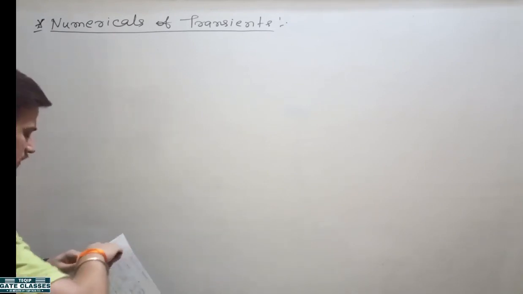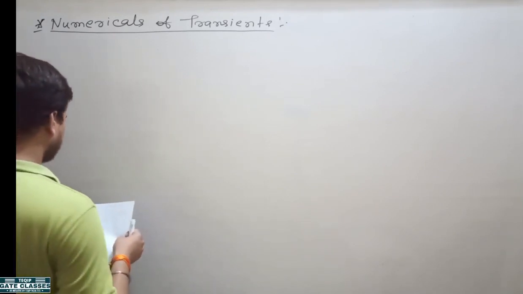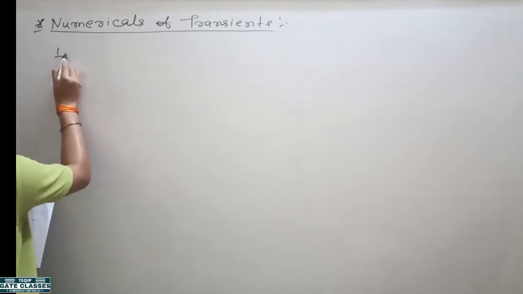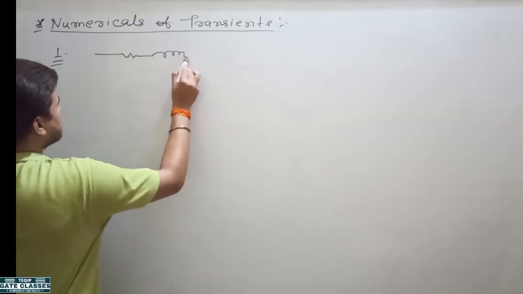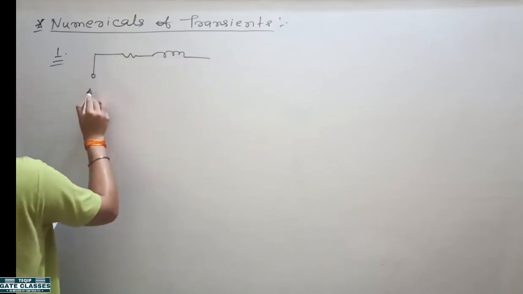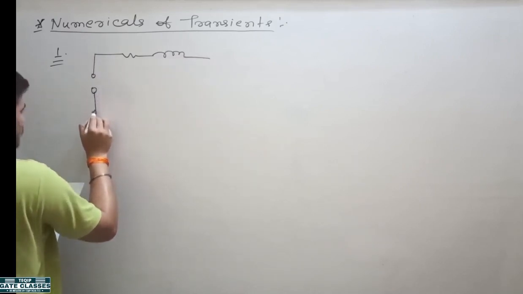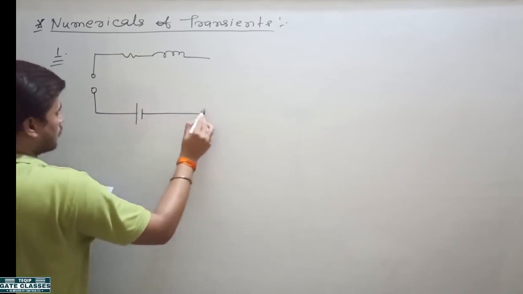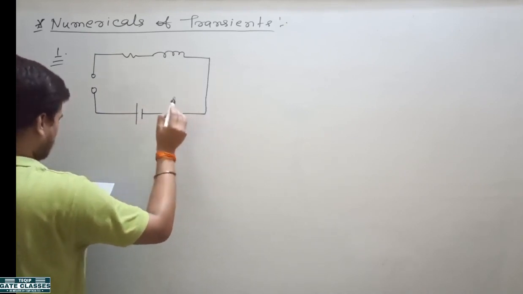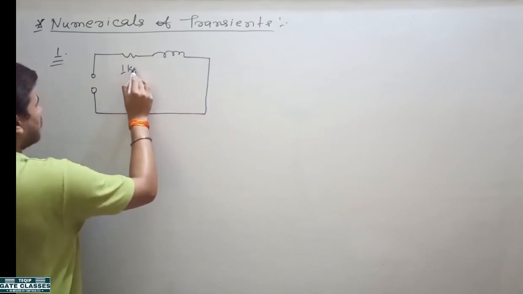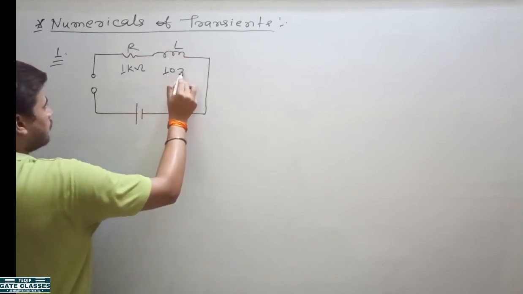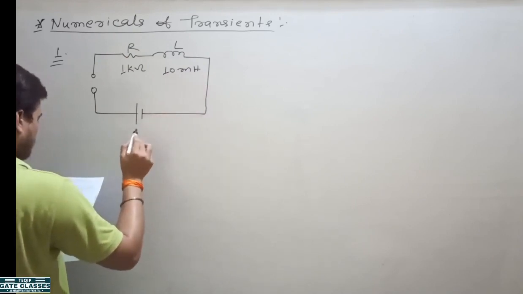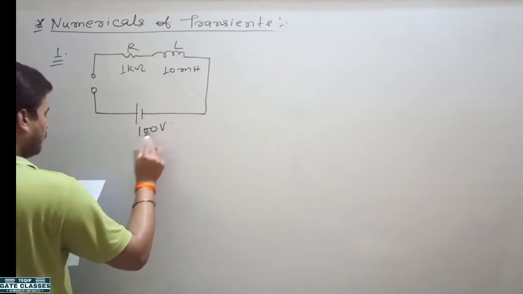Question 1. An RL circuit is given to you. R is 1 kilo ohm, L is equal to 10 millihenry, and the voltage is 100 volt.